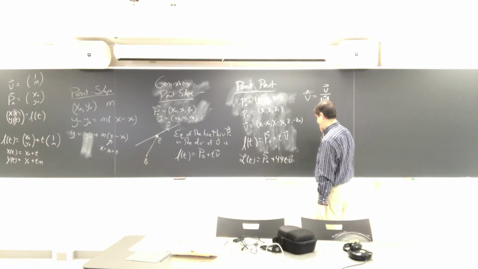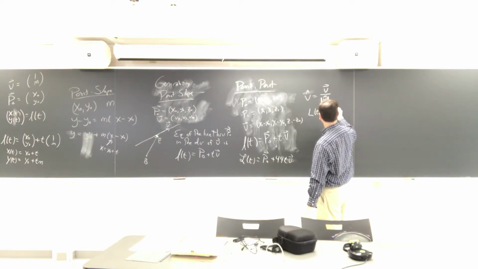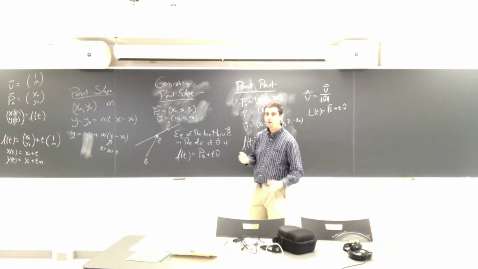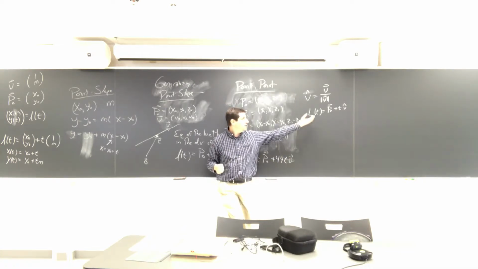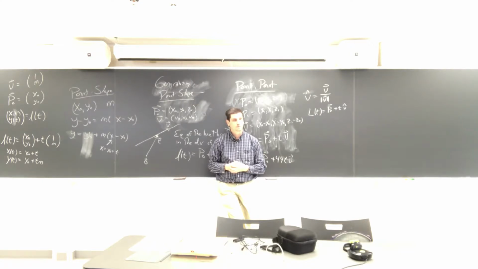And then I could write L of t would be P naught plus t v hat. And that would be yet another way of writing down an equation of a line. So depending on what you want to do, sometimes one system is a little bit better than another. It might be convenient to have a unit vector v for your slope. Okay? But they're all equivalent.